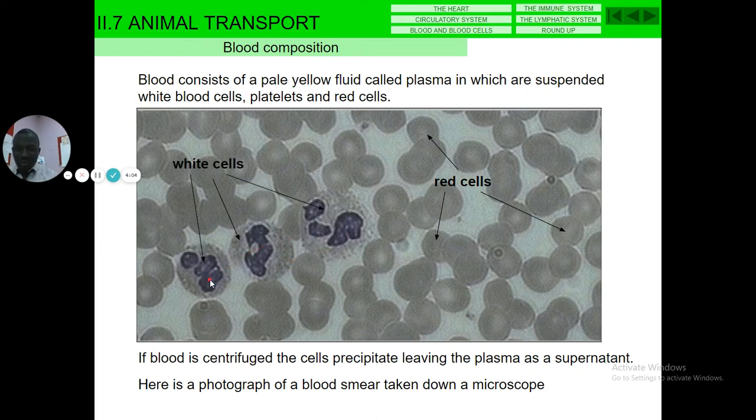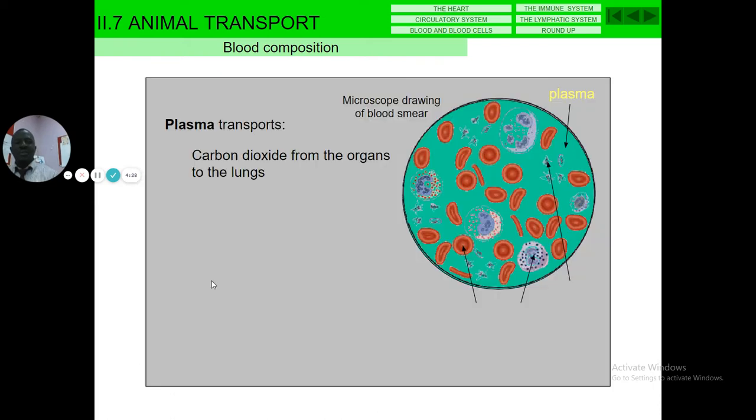There are those whose nuclei are divided into three. We have the ones whose nucleus is entire, and then those whose nuclei are lobed. The lobed nucleus is divided into portions, but still attached. So this is what we see when we get a blood smear and look at the blood components. So we've seen the red blood cells, we've seen the white blood cells, we've seen the plasma.